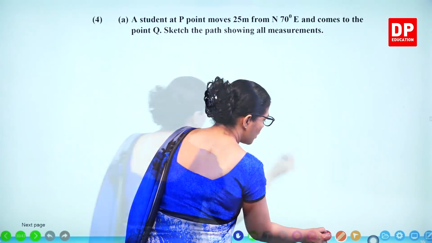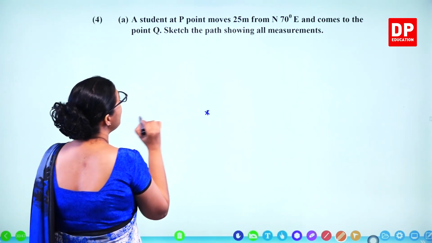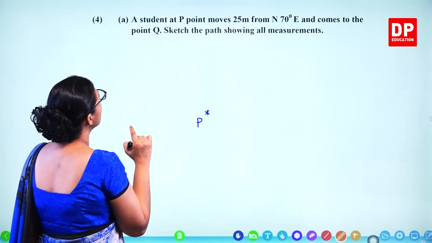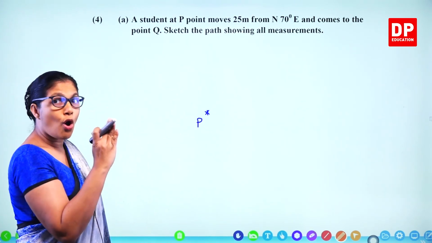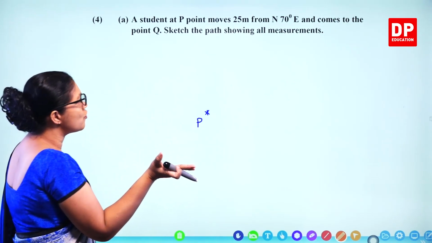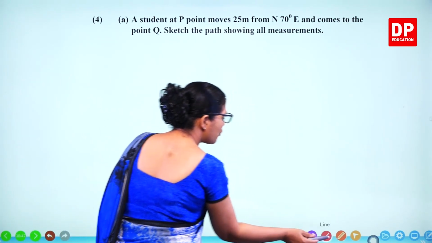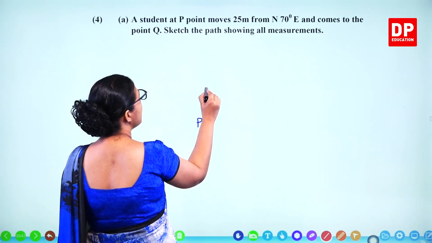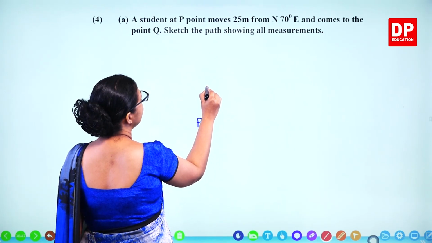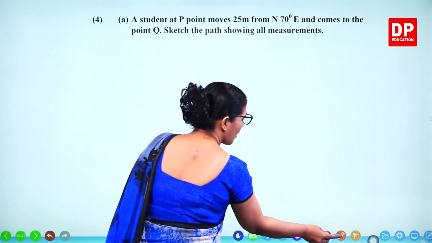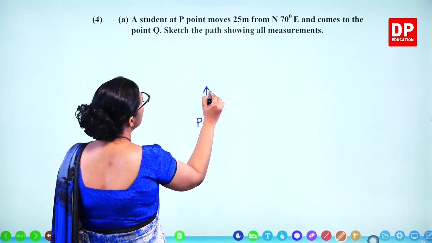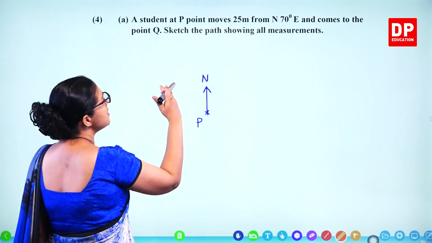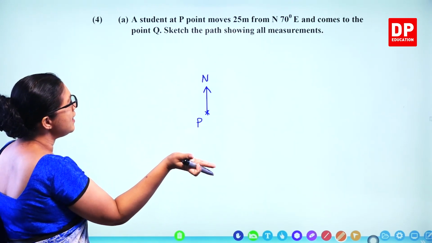So we can sketch it. First we'll take any point like P here. A student at P point moves 25 meters from north 70 degrees to east side. So how you draw that? So you have to draw the north line for that, and then 70 degrees from north to east side.